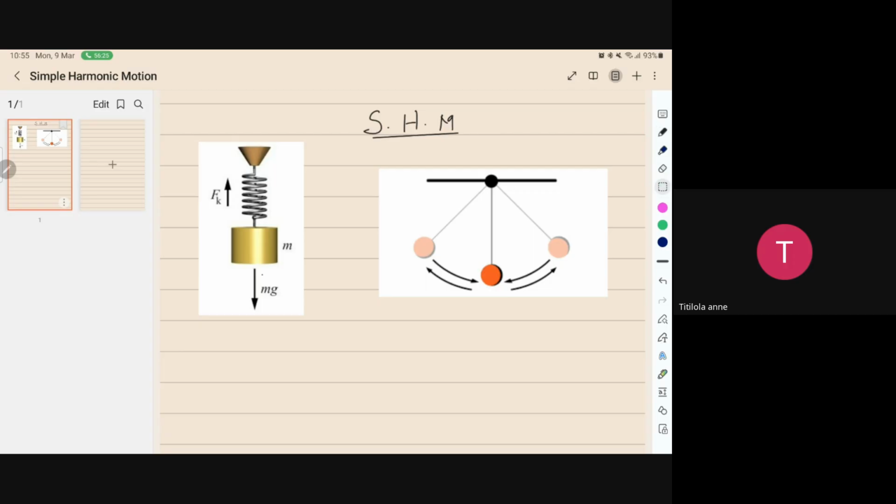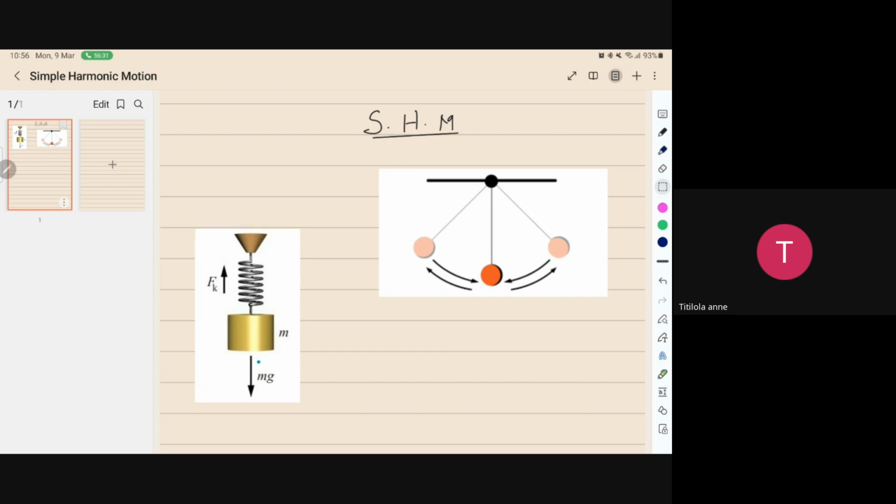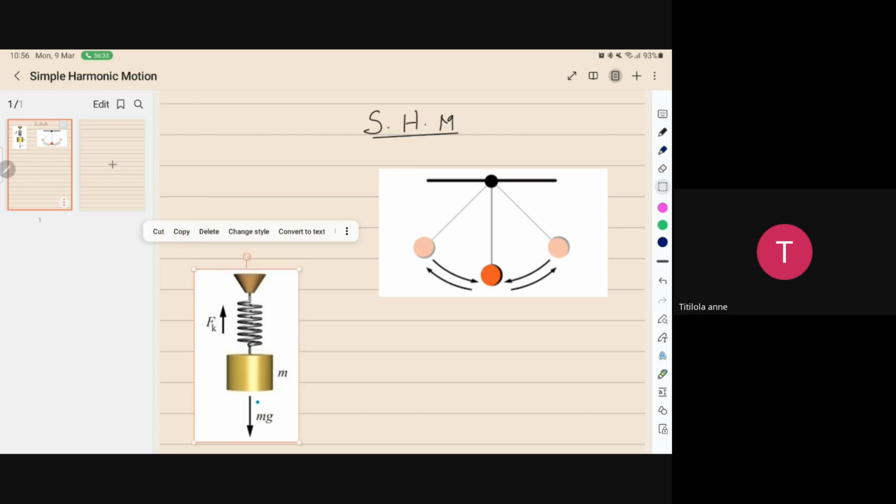Case one will be mass on a spring. These are the things that they test you on as far as your simple pendulum is concerned. So we have our case one about your periodic motion. Case one is mass on the spring, or mass suspended on a spring.